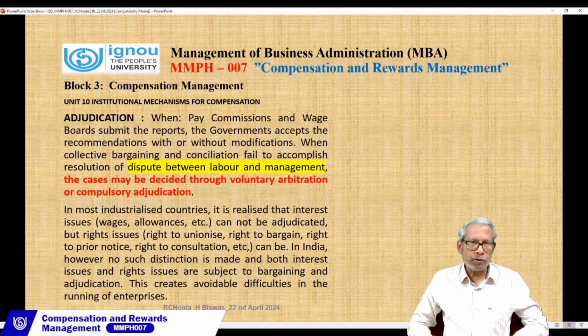Now the main thing here is the dispute between the labor and the management. The cases may be decided through voluntary arbitration or compulsory adjudication. This is the pay commission and the wage board report. If some problem arises during the work, that part will be sorted out by the labor.